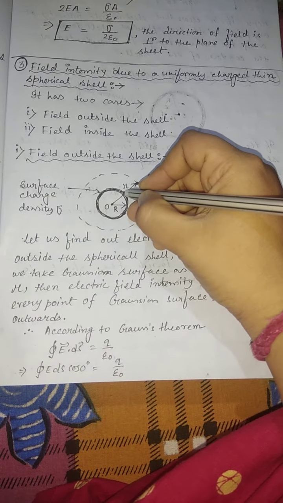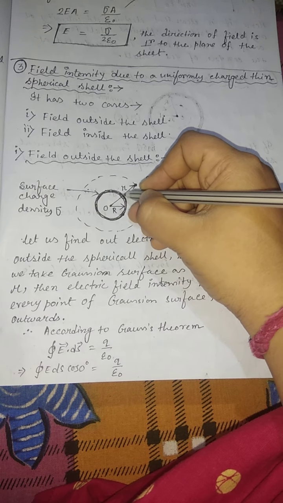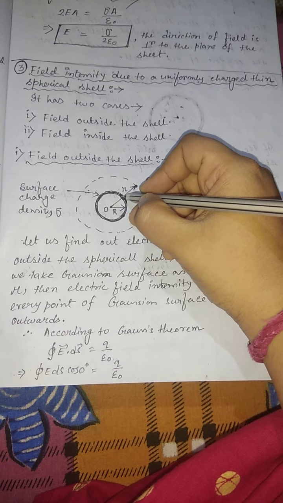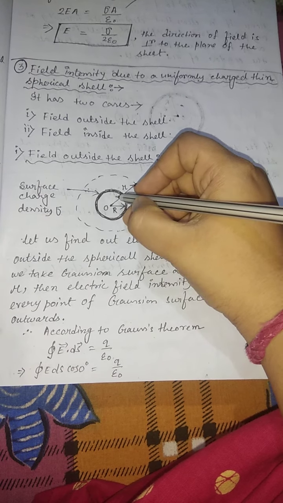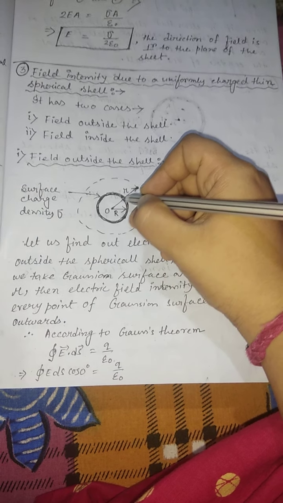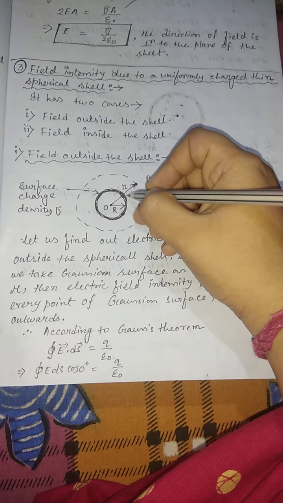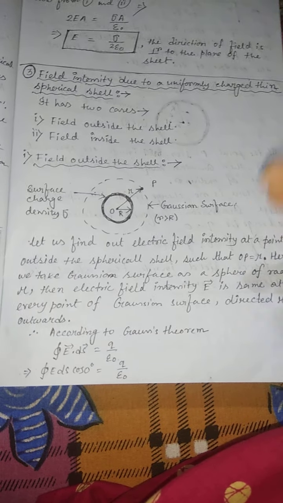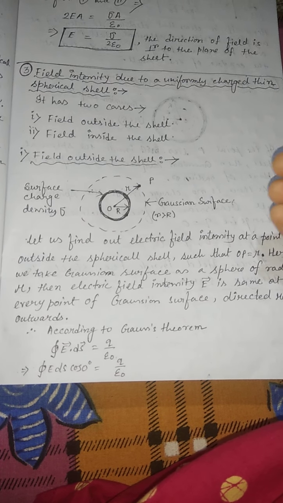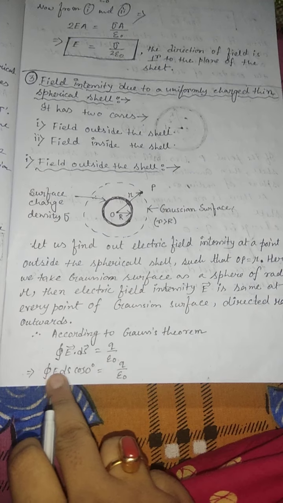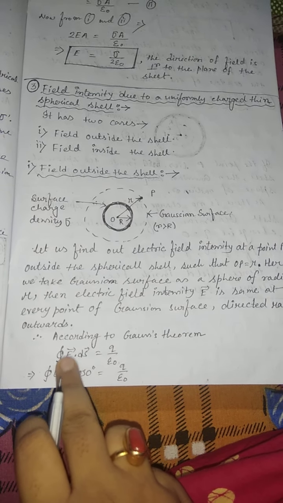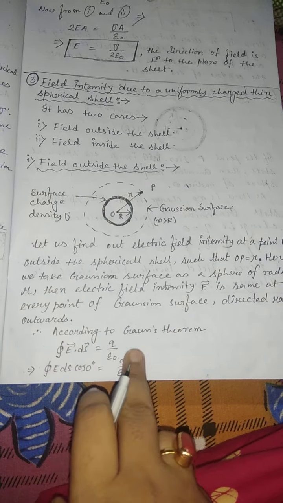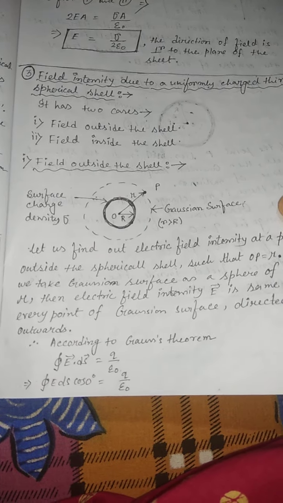Now, if we consider only this portion of the spherical shell, the area vector is in this direction and the electric field is also in this direction. So both directions are the same. That means the angle between E and the area vector is 0 degrees, so theta equals 0 degrees. So we get closed integral of E dS equals q by epsilon naught.